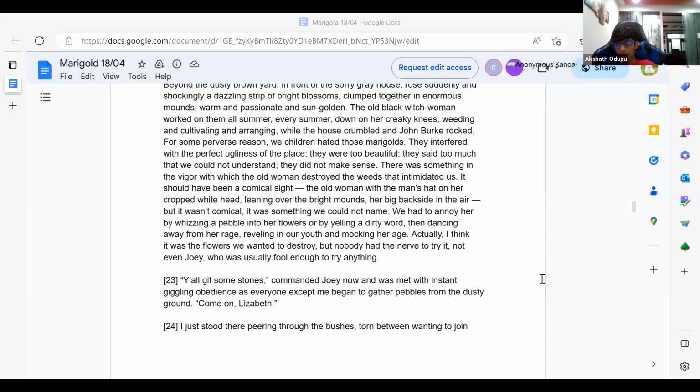Everything else is old, including the people, except for the marigolds. Everything is old, dark, dirty, and the children grungy. They probably want to destroy the marigolds because they don't like it like that. They're jealous. They want satisfaction. Exactly, that's the whole point of the entire paragraph and most of the lesson.